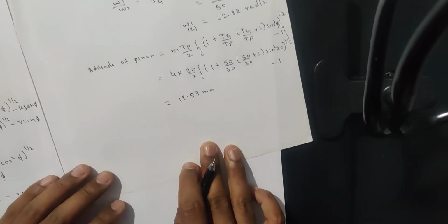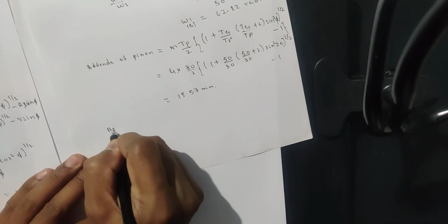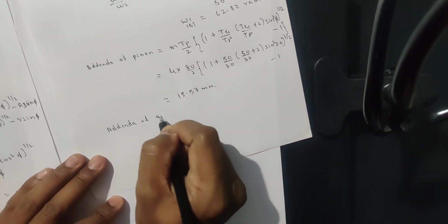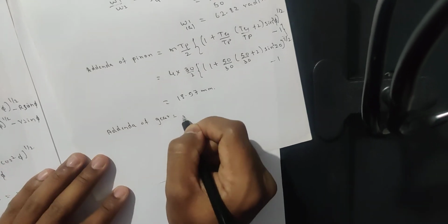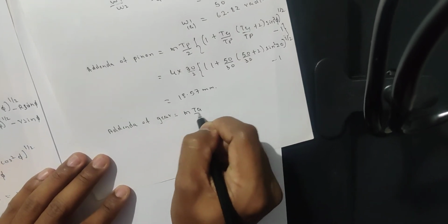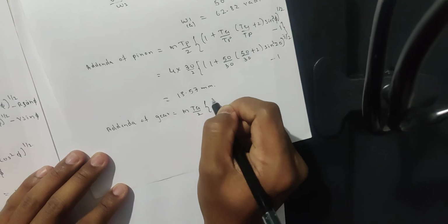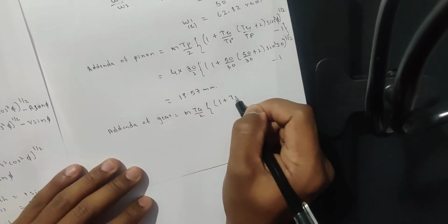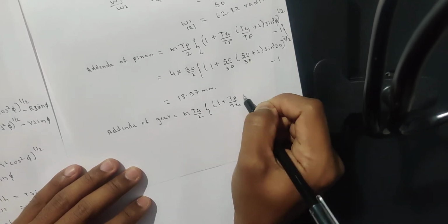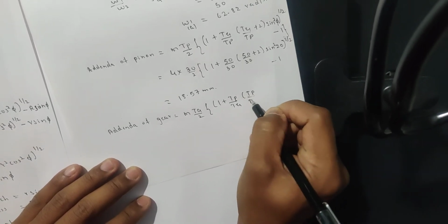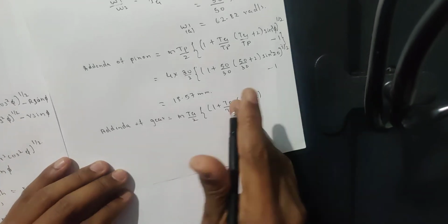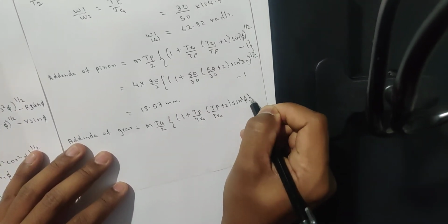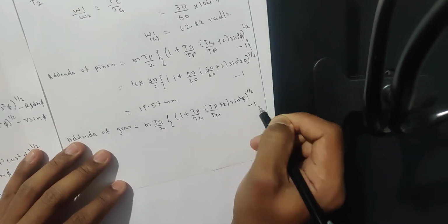Similarly, you have to find out the addenda of the gear, or you can call it the wheel. It will be m upon Tg by 2 into 1 plus Tp by Tg into Tp by Tg plus 2 sine square phi raised to 1 by 2 minus 1.